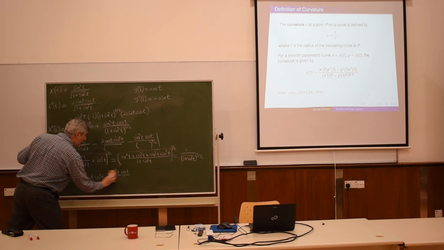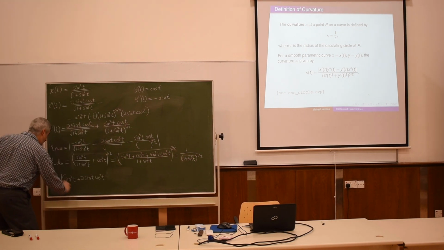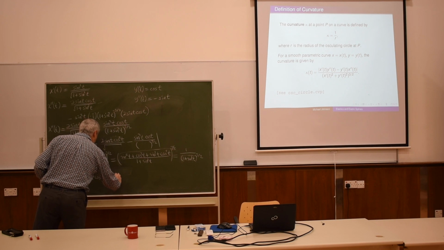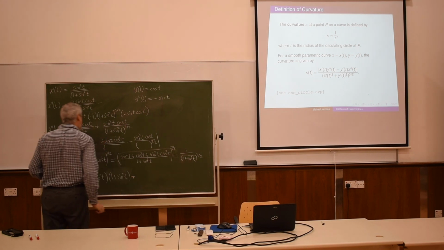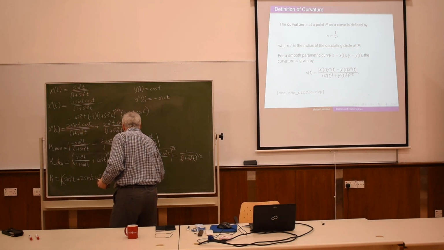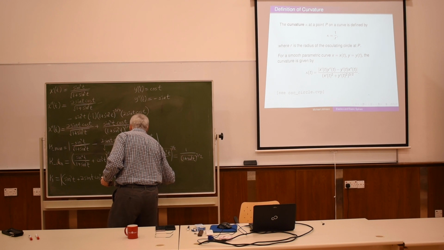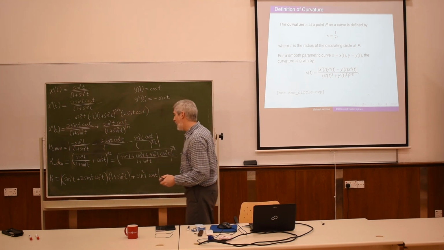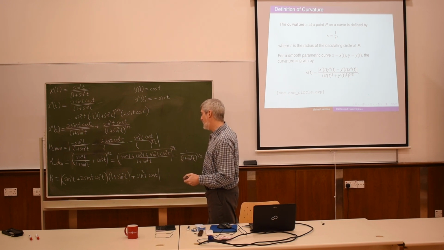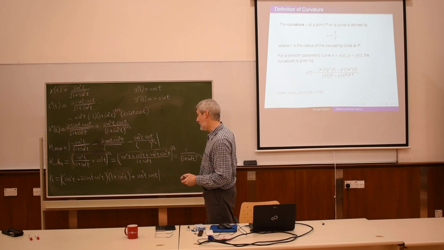That's completely gone. These two terms are multiplied by 1 plus sine squared t. And this last term comes as is, sine cubed t cosine t. And this is supposed to come out to sine t in the end.